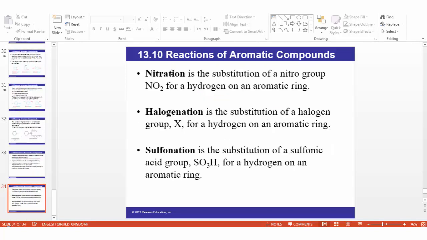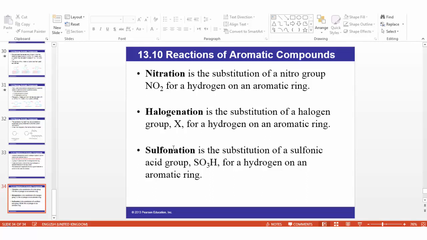Some examples of electrophilic aromatic substitution reactions are, for example, when you place NO2 on a benzene ring, this is called nitration, to form nitrobenzene. If you attach X, or substitute one of the hydrogens by X, this is called halogenation, where this X could be Br or Cl.